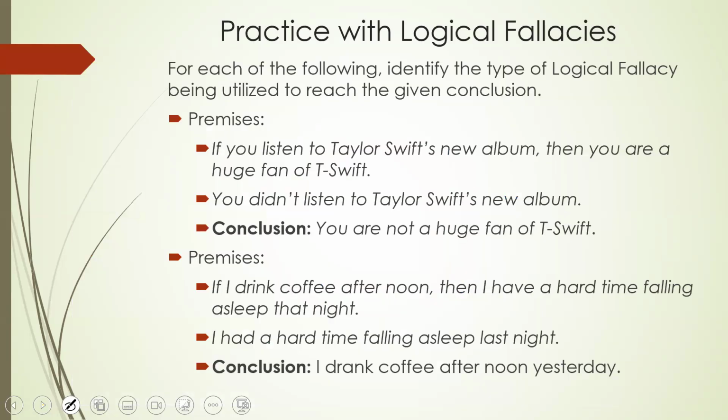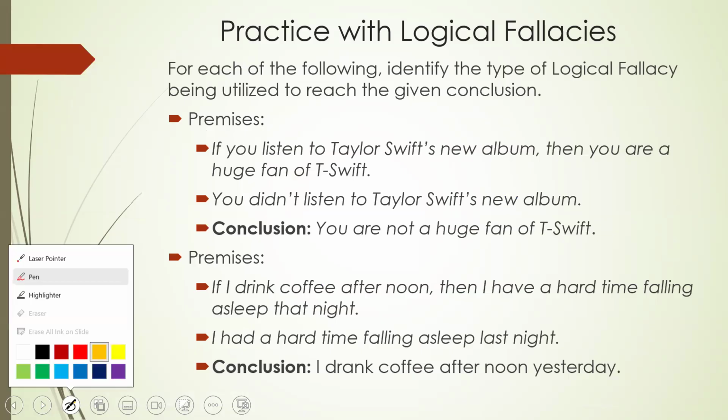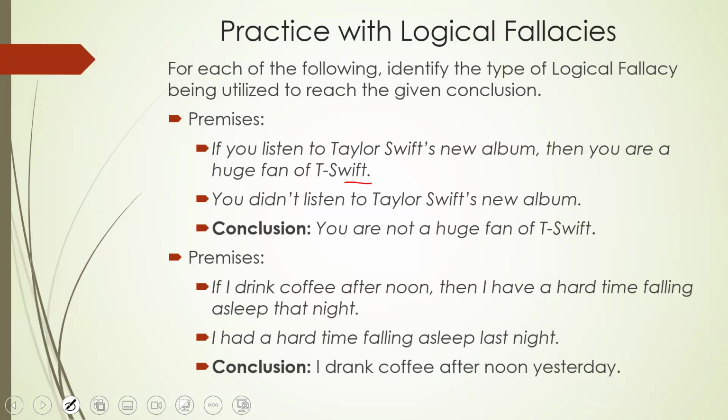All right, to wrap up here, let's take a look at some examples of these and see if we can figure out what types of fallacies these are. In this first one, the premise is if you listen to Taylor Swift's new album, then you are a huge fan of T Swift. And just so you know, for those who are ignorant of this, T Swift is the same person as Taylor Swift.